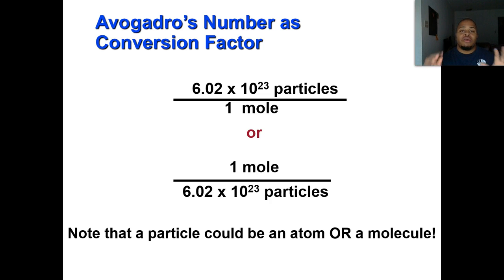The wonderful thing about dealing with Avogadro's number, or how many particles, atoms, molecules, is we only have one conversion factor. It can just be written one of 2 ways. It can be written with the number of particles, 6.02 times 10 to the 23rd particles over 1 mole, or 1 mole over 6.02 times 10 to the 23rd particles.